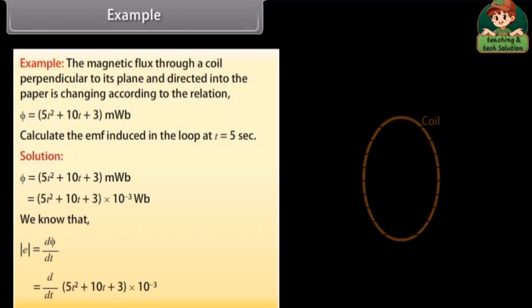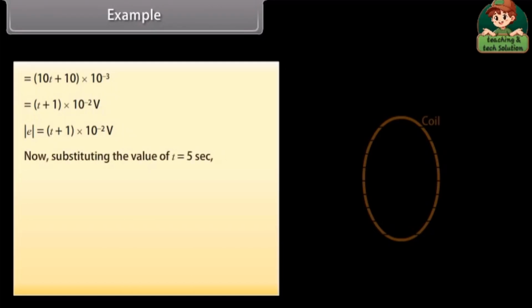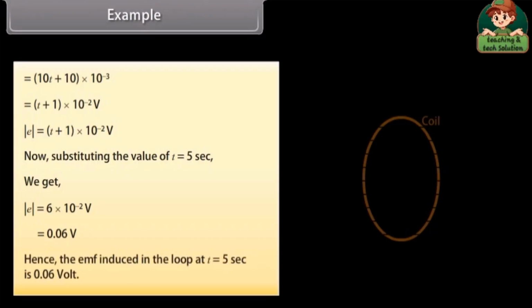By putting the values in this equation, we get E is equal to (t plus 1) multiplied by 10 raised to the power minus 2 volt. Now, substituting the value of t as 5 seconds, we get E as 0.06 volt. Hence, the EMF induced in the loop at t equal to 5 seconds is 0.06 volt.